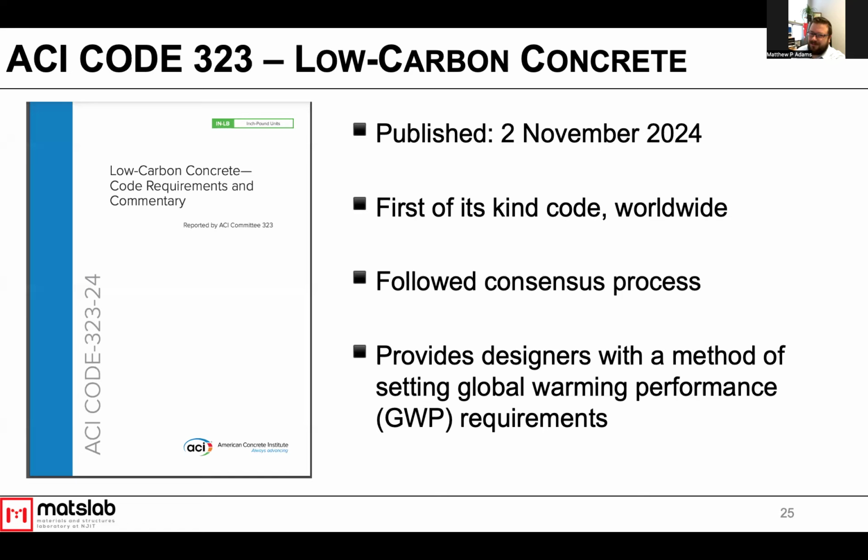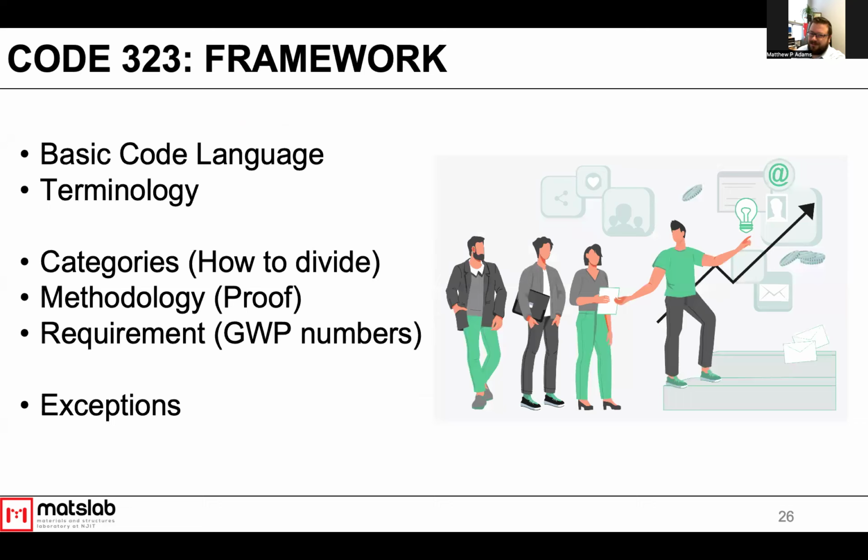It does not tell you what types of materials you can or cannot use. All it does is it sets your global warming potential performance requirement. And so that is going to give your engineers a tool to set into a specification that gives your concrete ready mix producer the right number that they need to hit with their available materials.